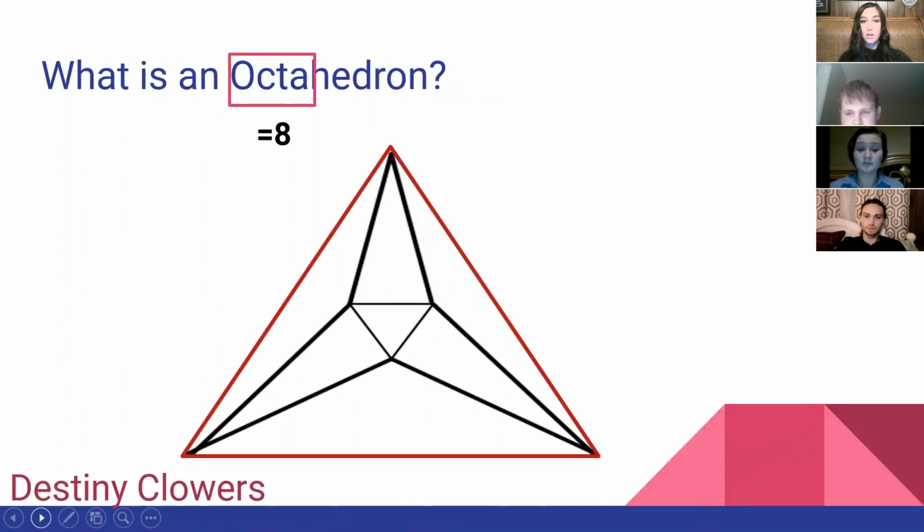An octahedron is a 3-dimensional shape that has 8 equal triangular plane faces. So let's go ahead and count the faces. This is 1, 2, 3, 4, 5, 6, 7, and this face right here is the 8th face. Thanks, Courtney.